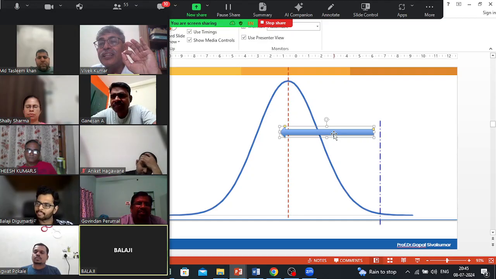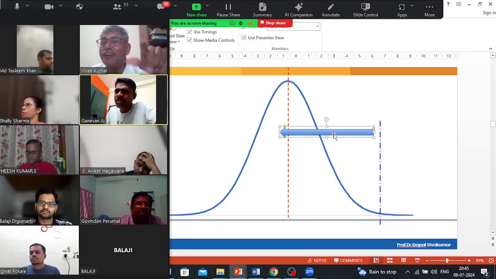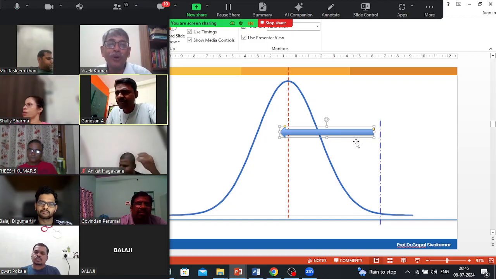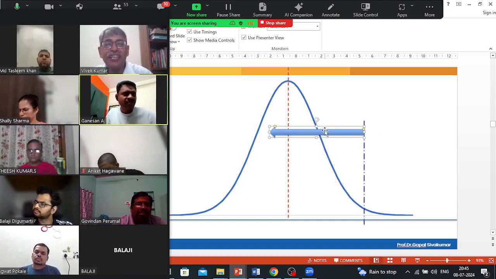And how many standard deviations away is known as the Z value. Z value. So if I have drawn this line at 2.5 standard deviations away, what is the Z value? 2.5.